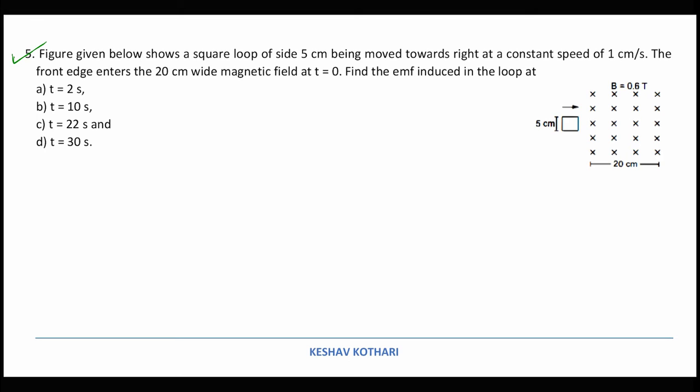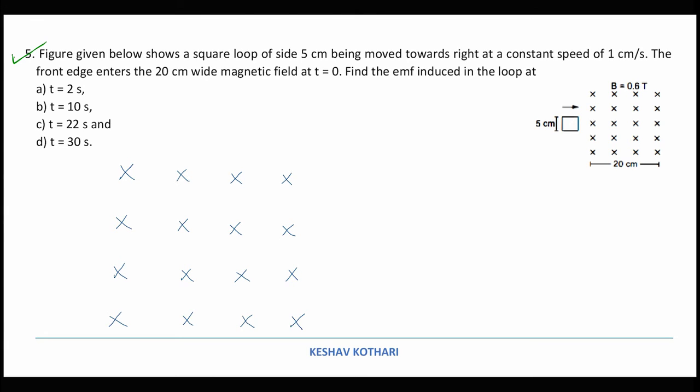If I draw an enlarged view of this arrangement, we can consider it in this way: this is the region of magnetic field which the problem is talking about, which is 20 centimeters wide.